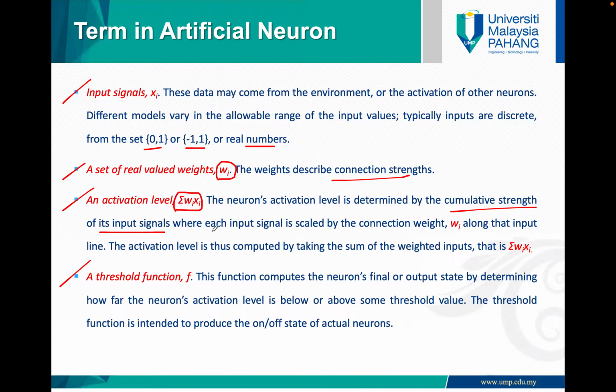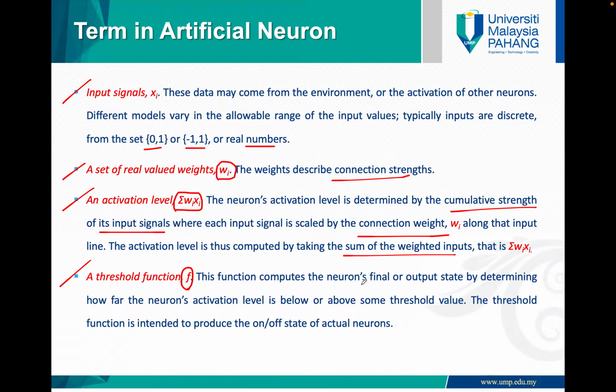Each input signal is scaled by the connection weight along with the input line. So the activation level is computed by taking the sum of the weighted inputs, the total of the weighted inputs. You add weight 1, weight 2, plus weight 3, plus weight 4. What is the total weighted input? And the fourth term is a threshold function, or the F symbol.